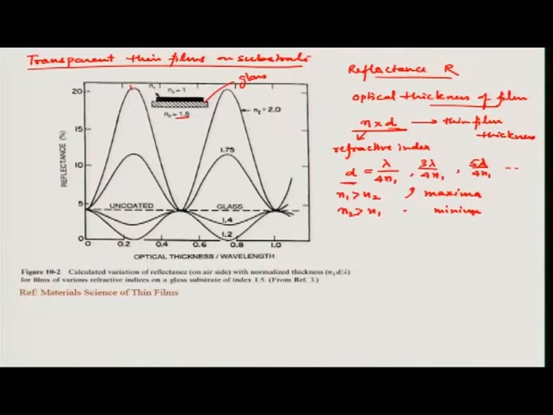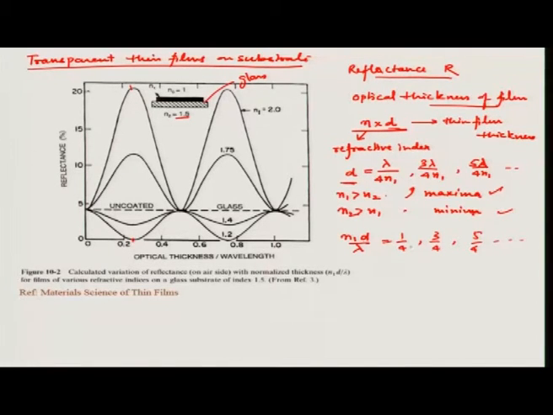And if you just change this to n1 d over lambda, then you will get 1 by 4, 3 by 4, 5 by 4 like this. So you will get either maxima or minima at these. Now, in this figure, this is 0.25, you get a maxima or minima for different values of n1, either larger than n2 or smaller than n2.